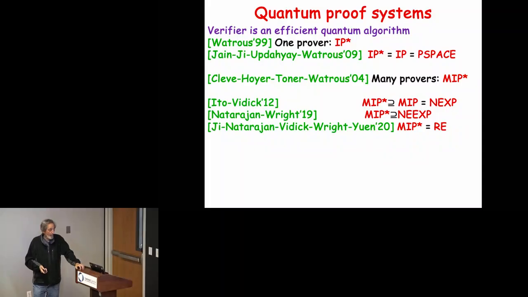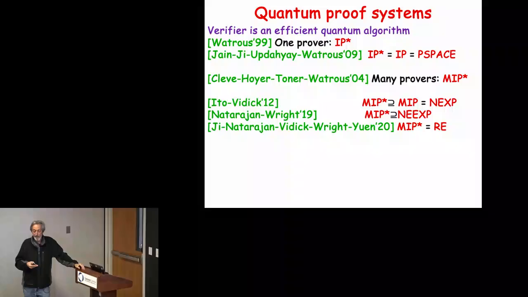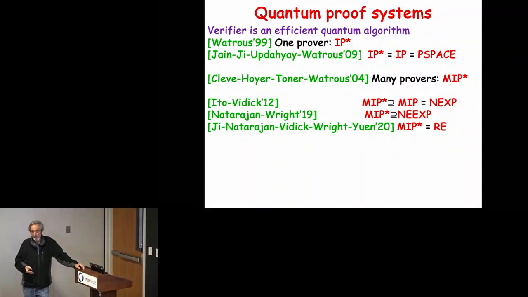It stopped where this paper showed that anything in the class RE, so I remind you, this class of undecidable problems that are reducible to the halting problem of Turing machines or to the solution of Diophantine equations, can be proved to an efficient verifier.